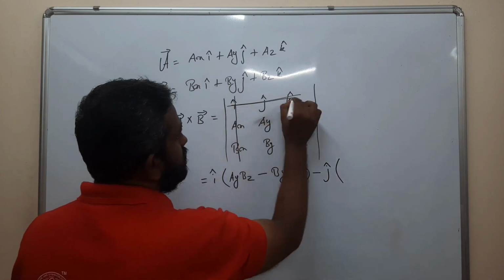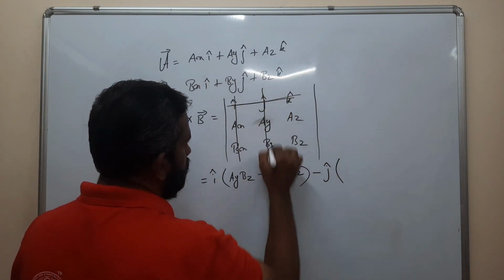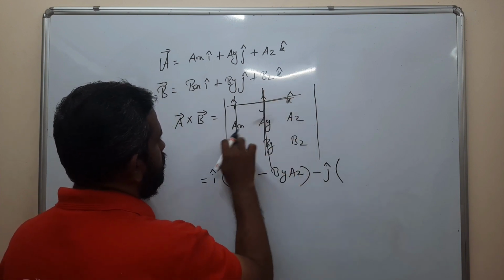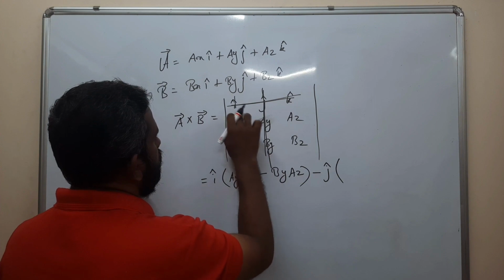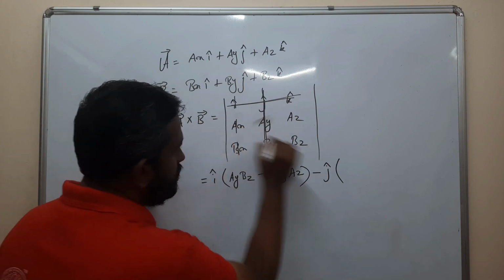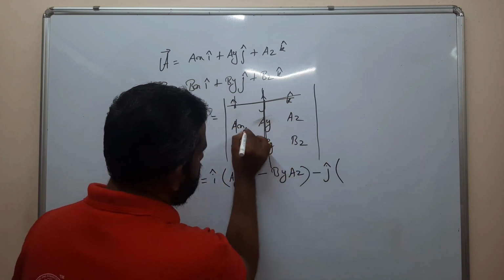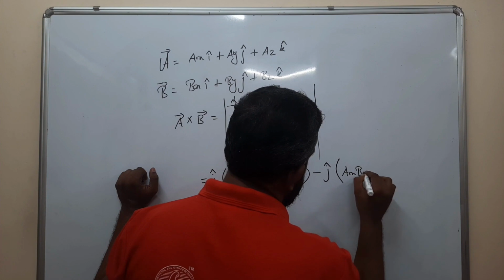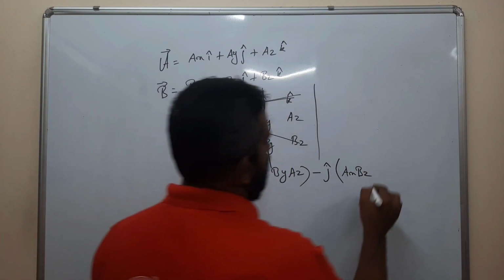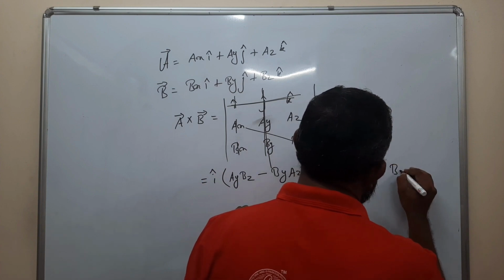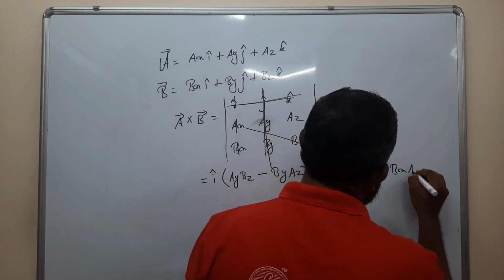Cut this row and this column. So what will come? That is ax bz minus bx az.